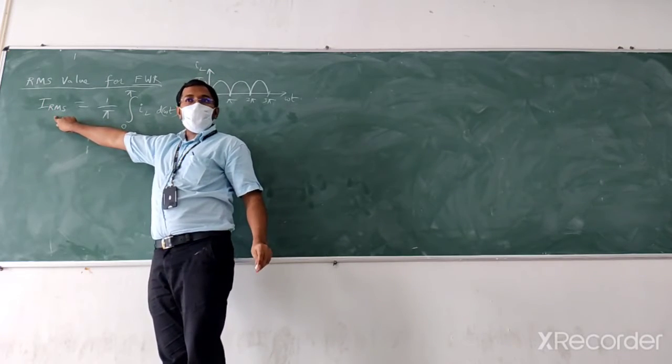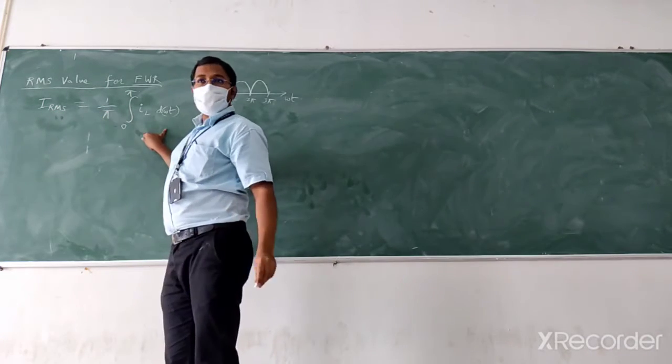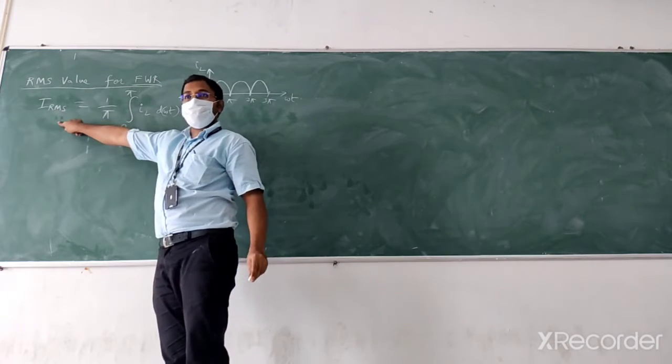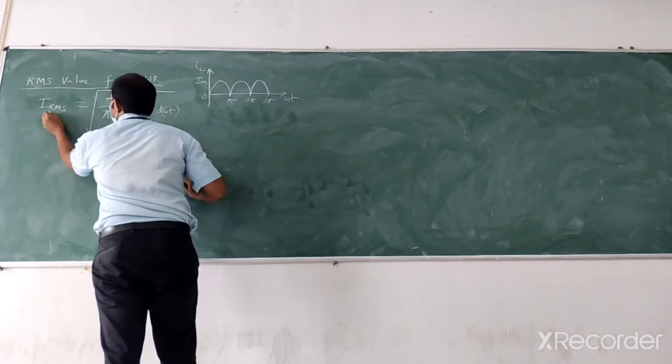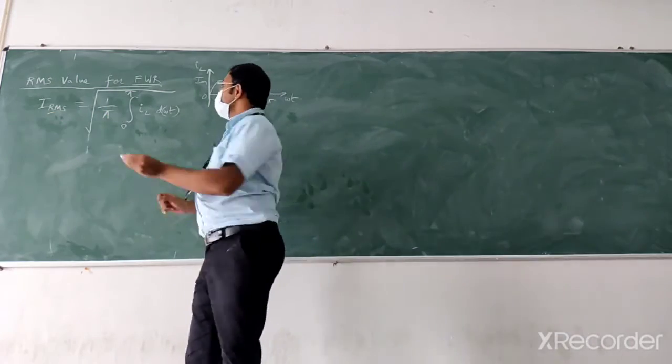This is the mean, then the root. RMS: root, mean, square.